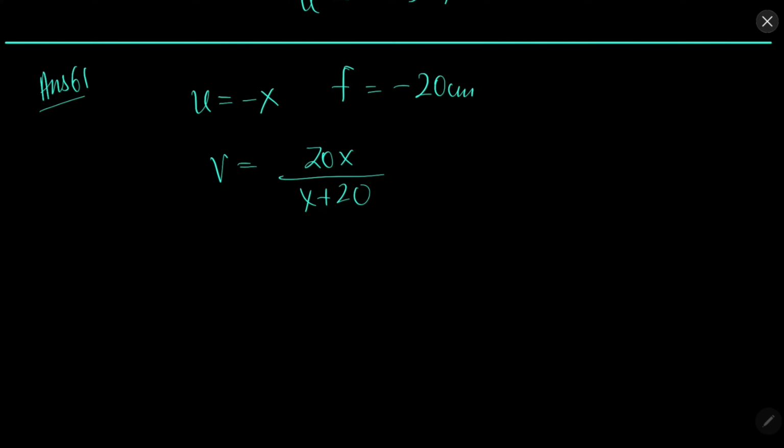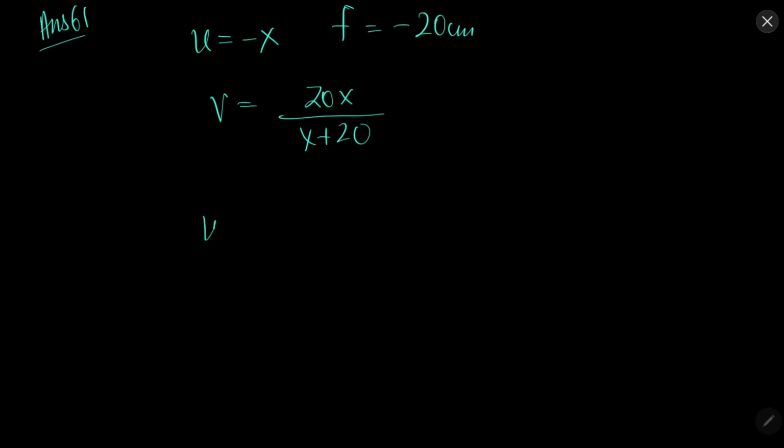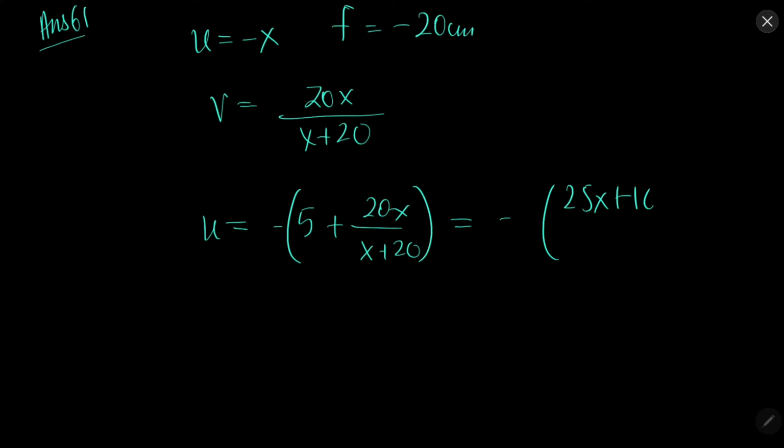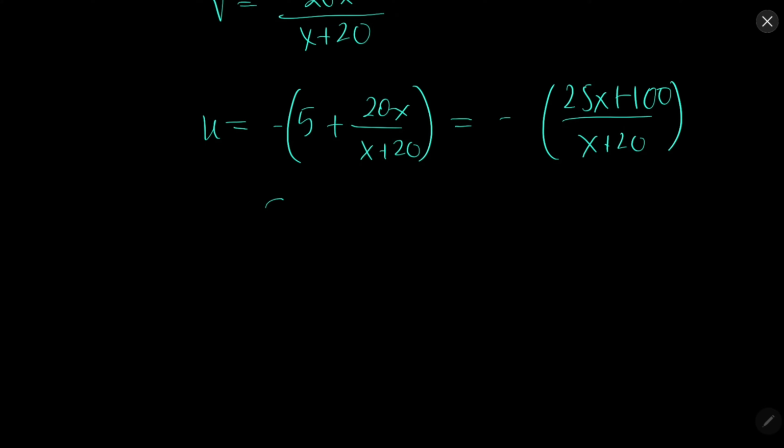This will be the situation. Now for the mirror, u will be minus 5 plus 20/(x plus 20), which is minus (25x plus 100)/(x plus 20). f will be minus 10 centimeters.